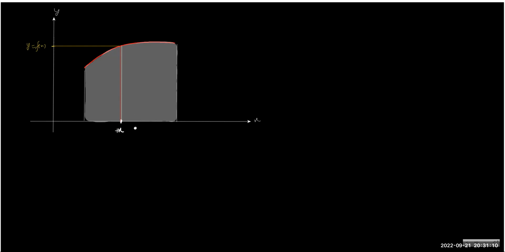And if this is a rectangle, if the first red line is at x and the next line is x plus dx away, and dx is really small, what is the area of this thinnest possible rectangle? It will follow the area of rectangle idea, isn't it? Do you agree? Yes, sir.